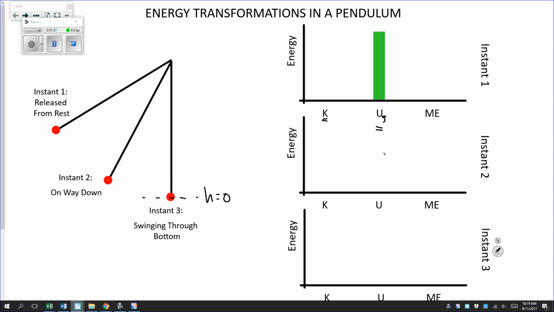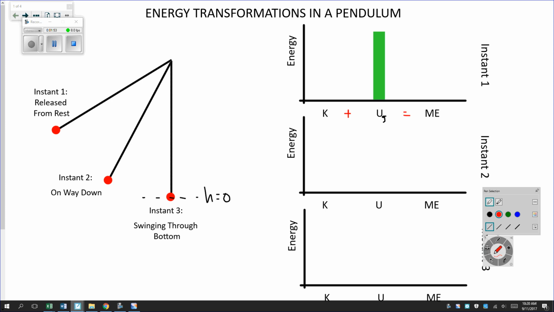We know UG is gravitational potential energy. And now we have what I'm abbreviating ME. ME stands for mechanical energy, which by definition is the sum of these two energies.